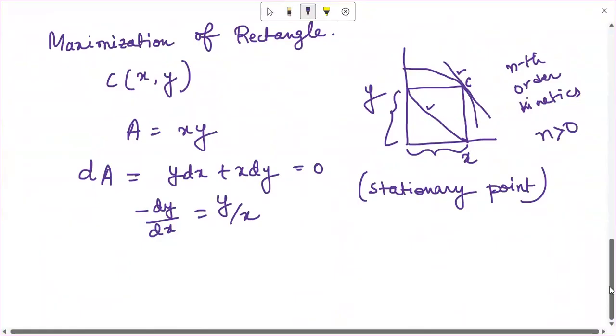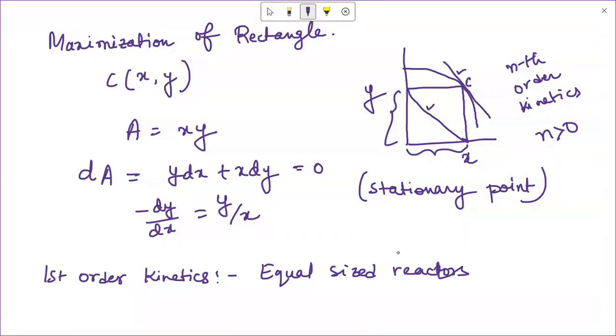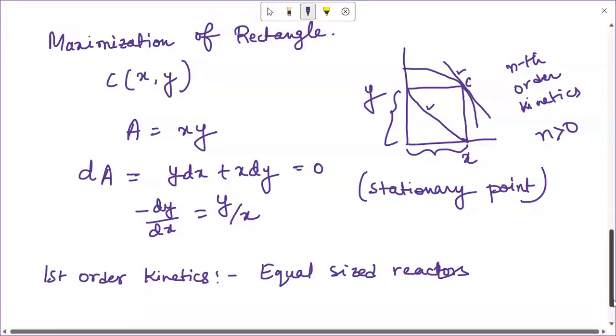The main observation is that when we have first order kinetics, then you should use equal size reactors. The process that I outlined is the graphical procedure, but we have some general takeaways from this entire procedure, so I'm writing that down.